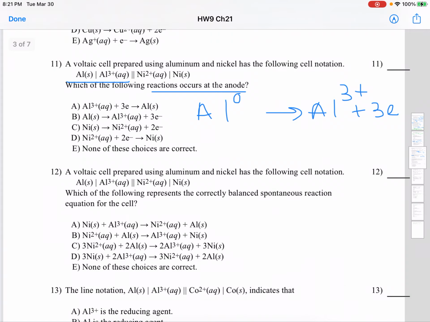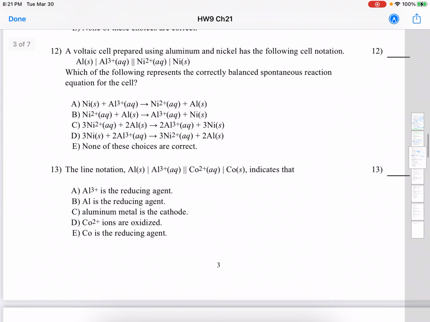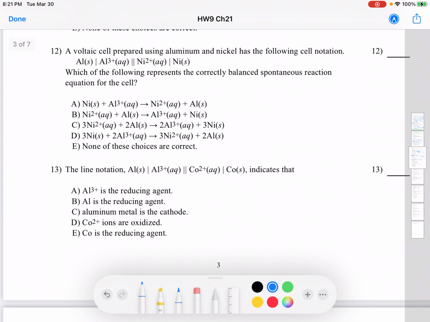And then number 12. A Voltaic cell prepared using aluminum and nickel has the following cell notation. Which of the following represents the correctly balanced spontaneous reaction? You have to now separate the two half cells.